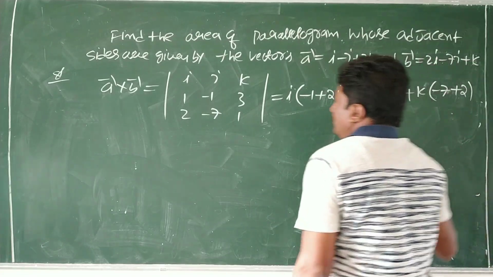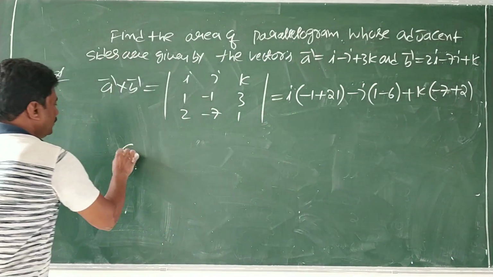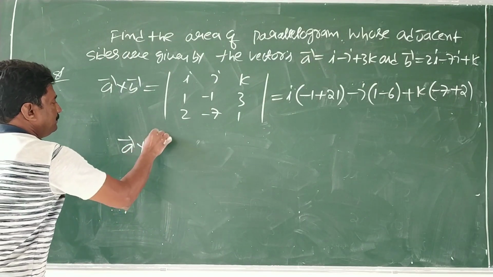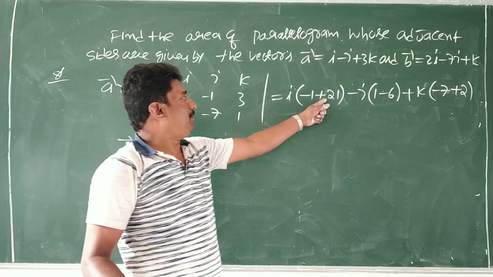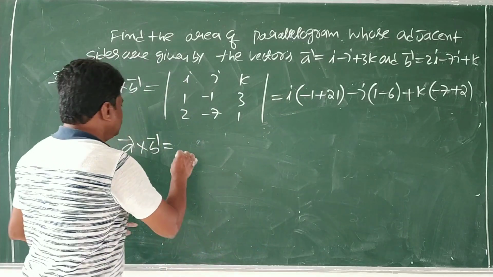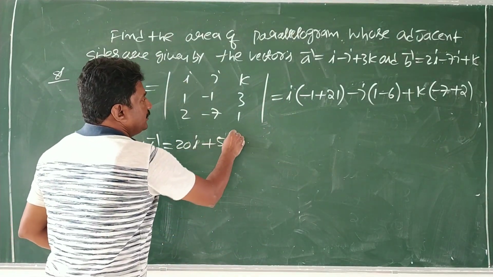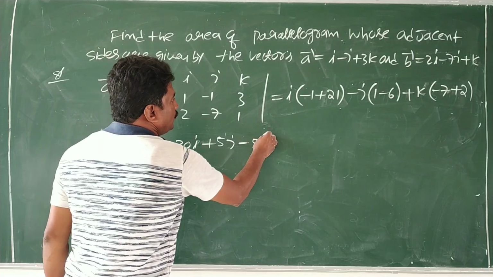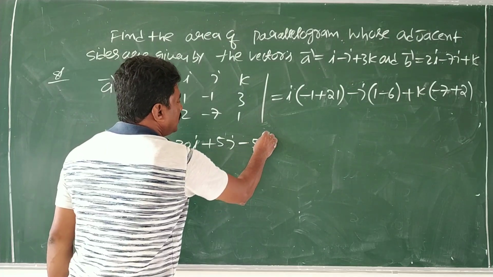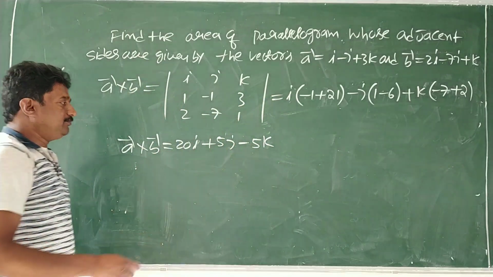So write A cross B. 21 minus 1 is 20i, plus 5j, minus 5k.